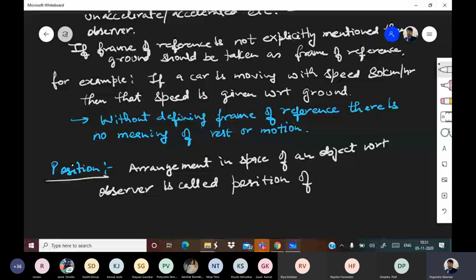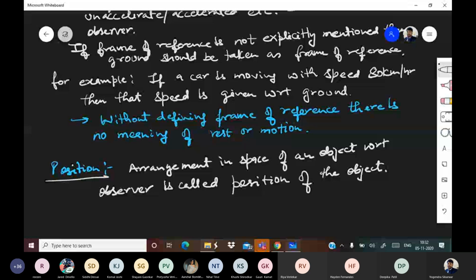So here to define position, it is very important to know what our frame of reference is. Unless we define the frame of reference, we cannot talk about the position. If I ask you, what is your position in the room? Then you will get confused. Sir, I am in the room. I said, okay, that is fine, but where in the room? Sir, I am in the room slightly left. Your left, my left. Are you getting the point?